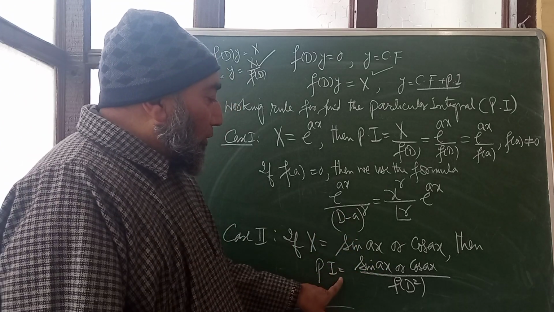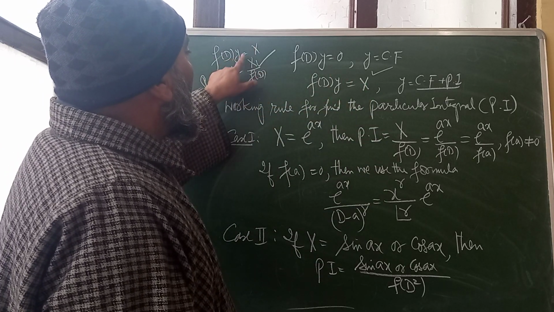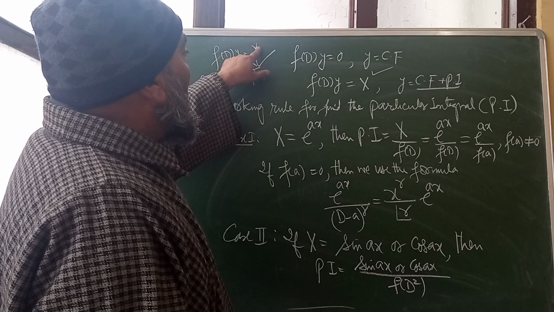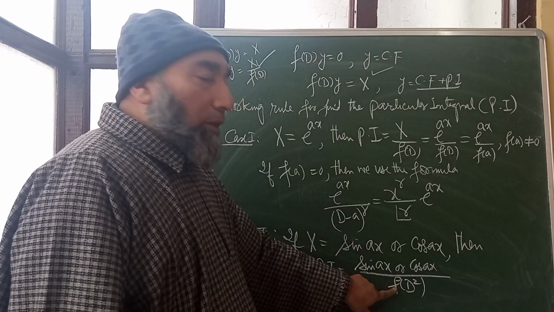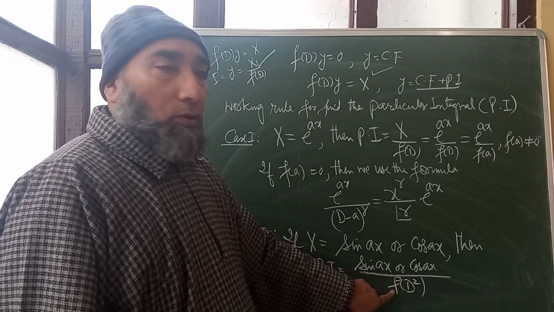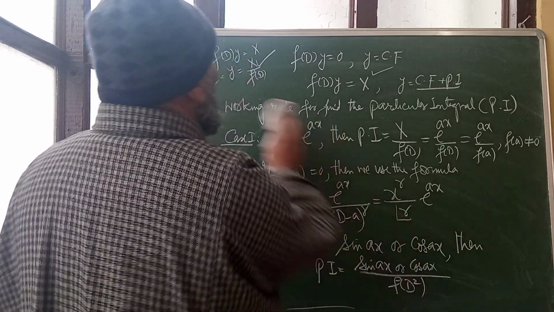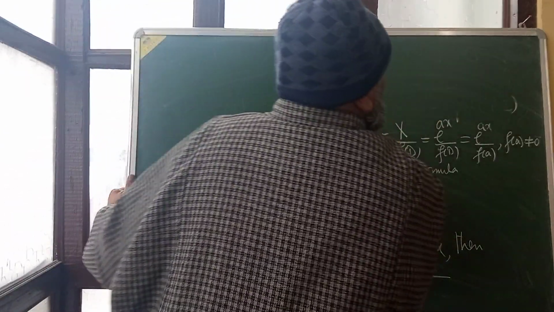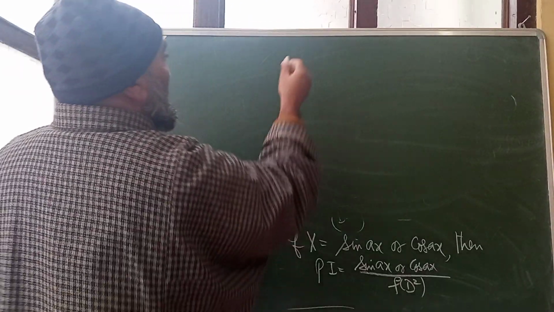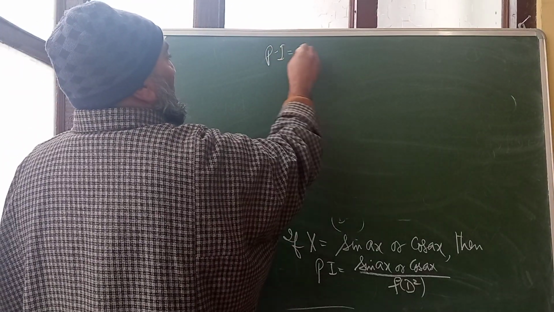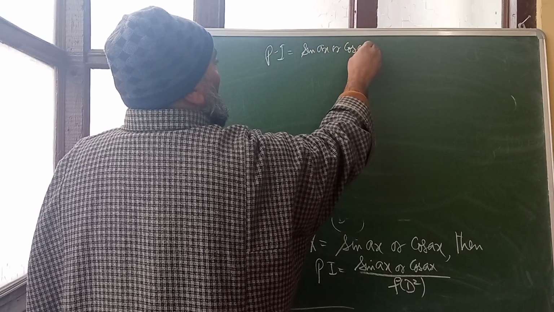But then for the particular integral, if it is sine, y is sine upon f(D). If it is cos, cos upon f(D). However, in sine and cos, instead of f(D), we write f(D squared). I will be explaining why this f(D squared), which is further equal to the particular integral of sine ax or cos ax.